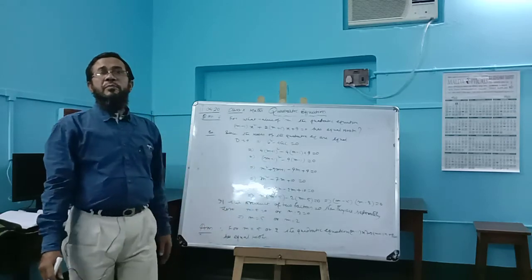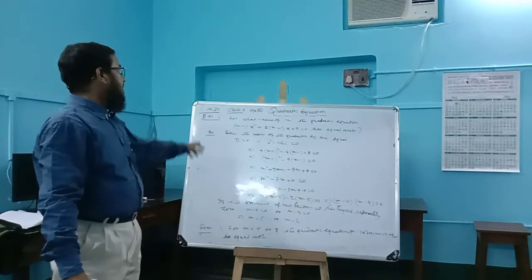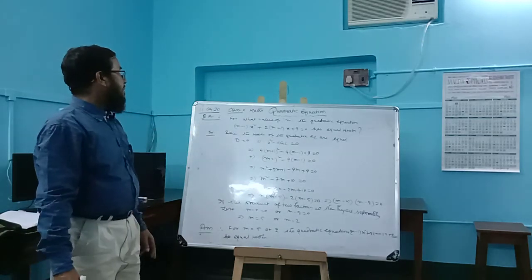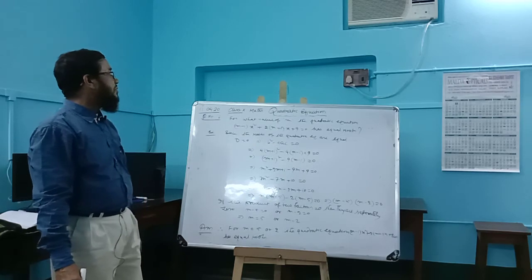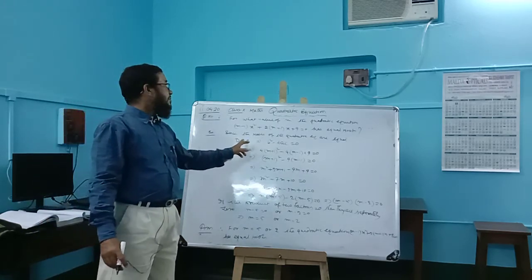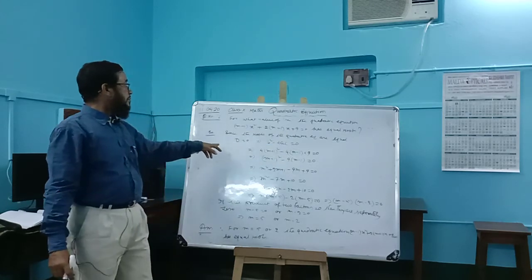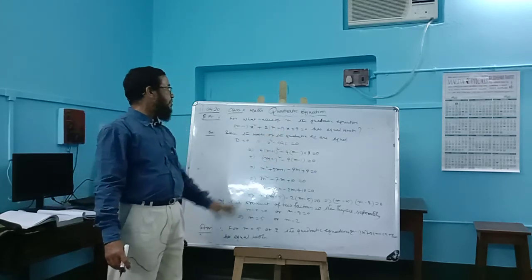This is a very important type of question. For what value of m the quadratic equation (m minus 1)x square plus 2(m plus 1)x plus 9 equal to 0 has equal roots. Since roots are equal, therefore discriminant D equal to 0 implies b square minus 4ac equal to 0.